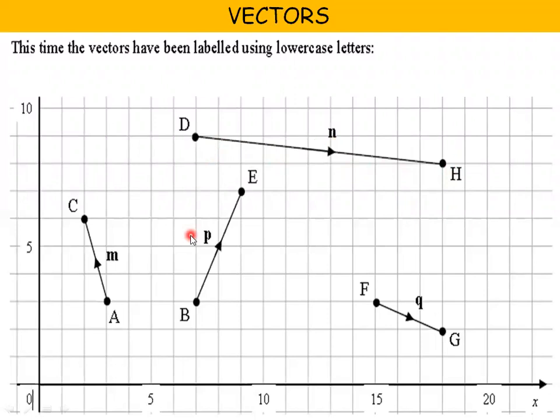The vectors that we have initially described, we have decided to represent them using the small letter and also the capital letters. Remember, the capital letters, which show the start point and the end point, or the initial and the terminal point, can also be presented in the same way, but this time around with small lowercase letters.